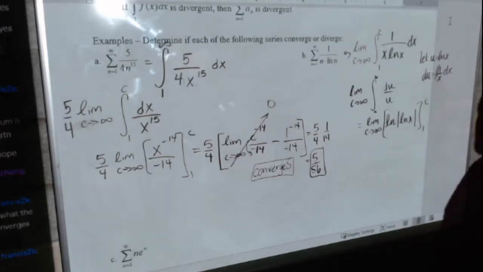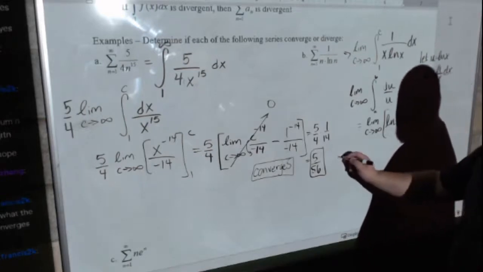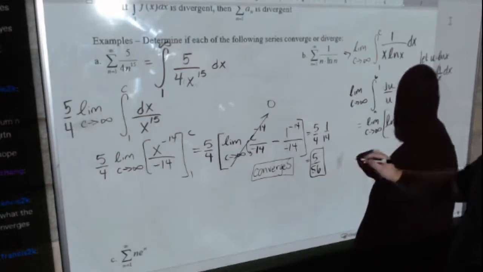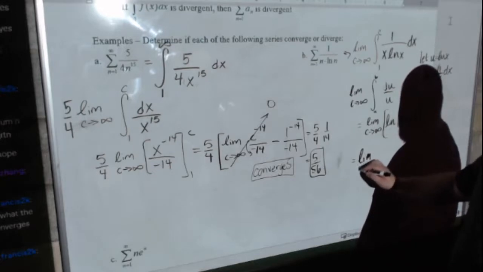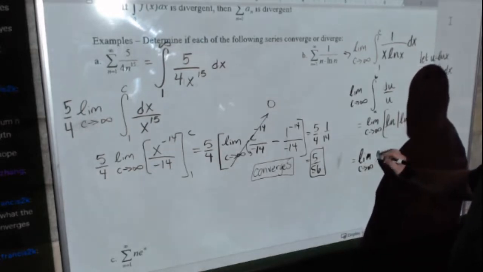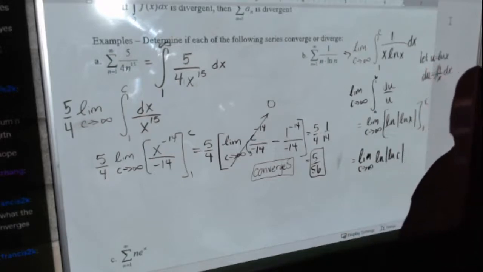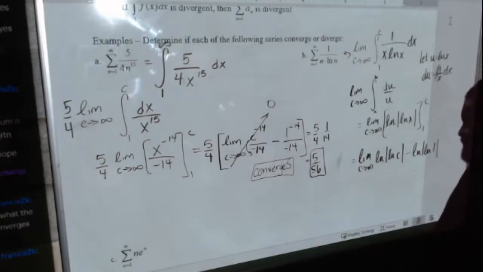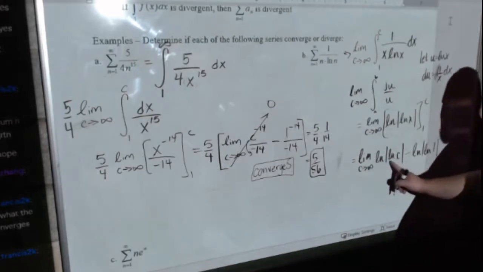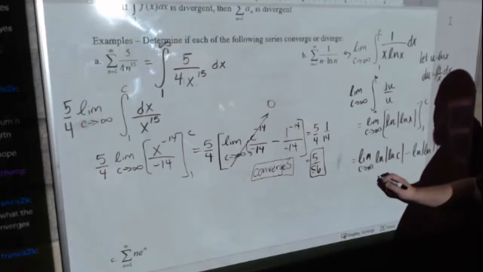So then we just substitute in those values. So when I plug in c, I still need the limit. Then I'd have minus natural log of the natural log of 1. So, natural log of infinity is infinity. Natural log of that is infinity again.